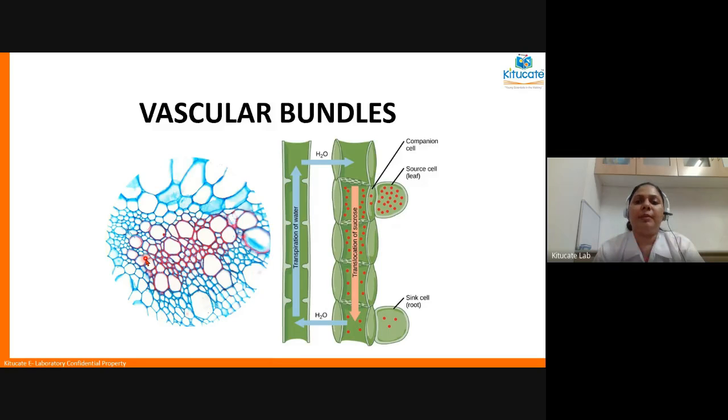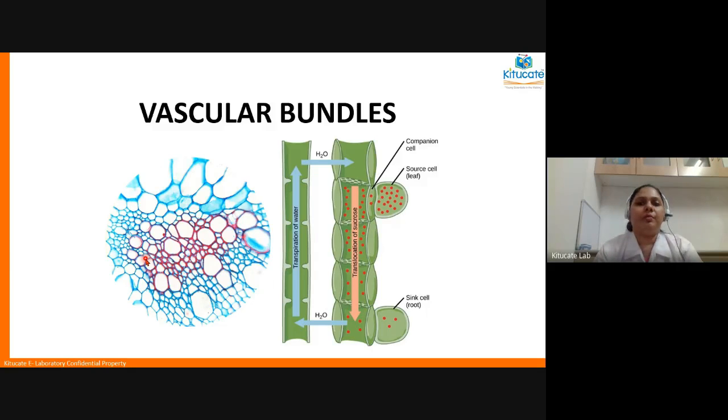So definitely the mechanism in the plants would be a lot more complex, because we all know that the photosynthesis process by which the plants make food is carried out in the leaves, right? Because leaves have chlorophyll and they absorb the sunlight, and they carry out photosynthesis.